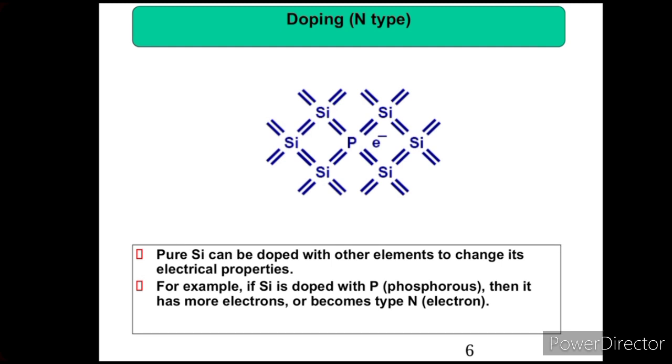The remaining 1 electron is free in the material, and these free electrons can change position or drift the current. Because the free electron can change position or drift the current, this material is known as N-type semiconductor material.